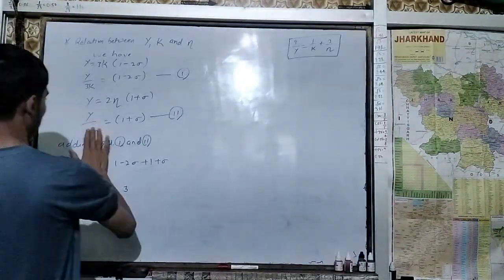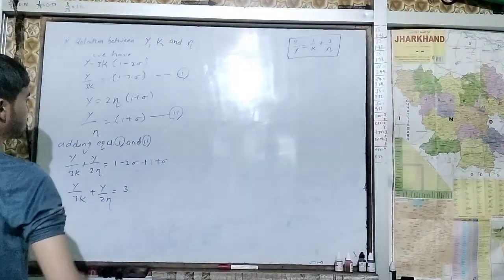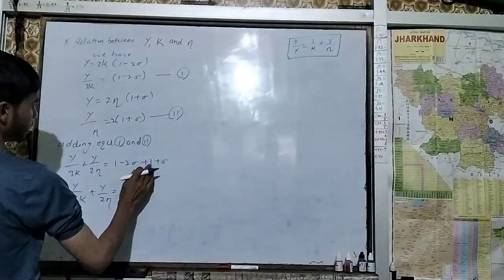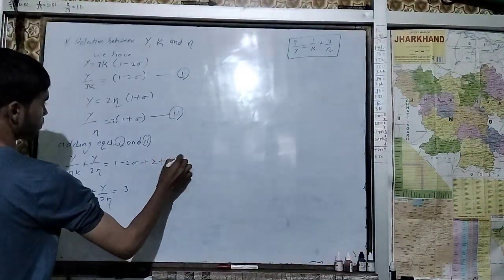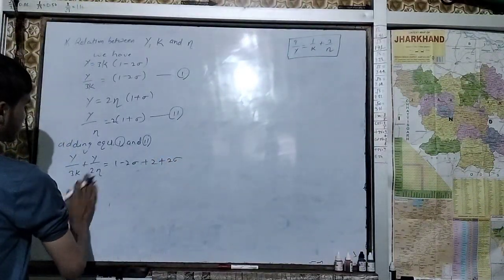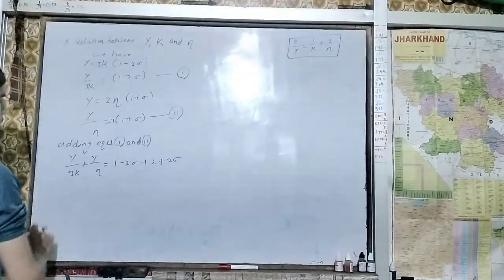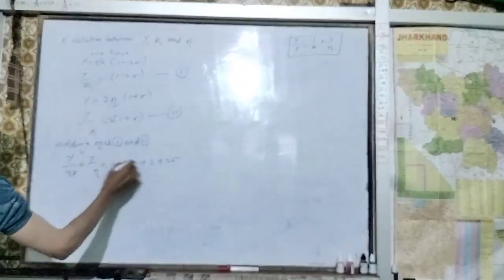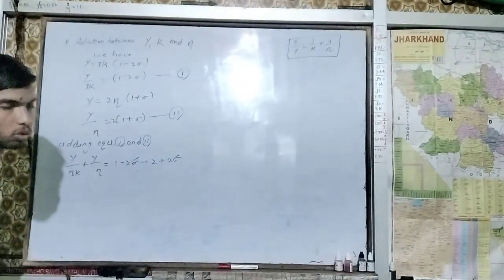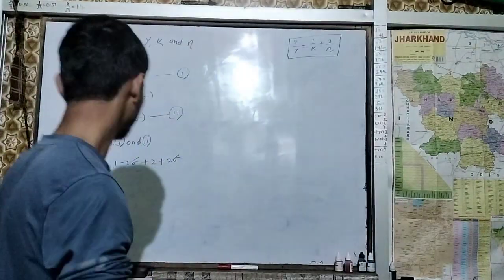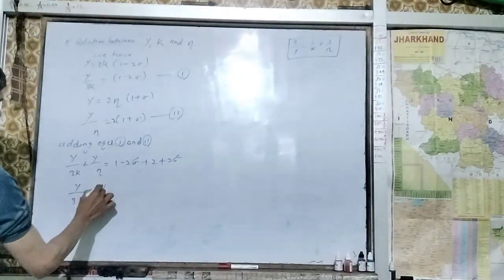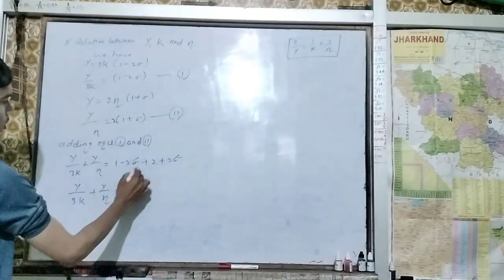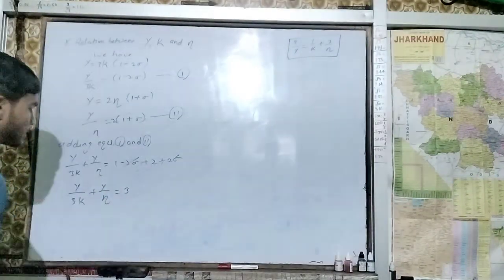Hold on, here this 2 will be over here, and then this 2 ones are 2 plus 2 quotient ratio, and this will be 2 only. Now look, 1 plus 2 and this 2 quotient ratio will cut to each other. So finally we have y upon 3k plus y upon 2η is equal to 2 plus 1 will become 3.